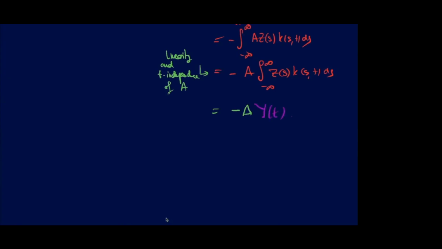So the conclusion is that it is true that dy/dt plus Ay is equal to 0 as well.